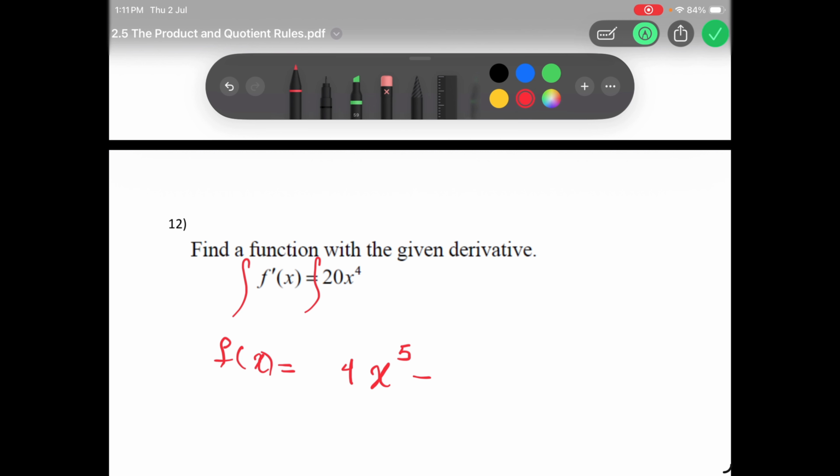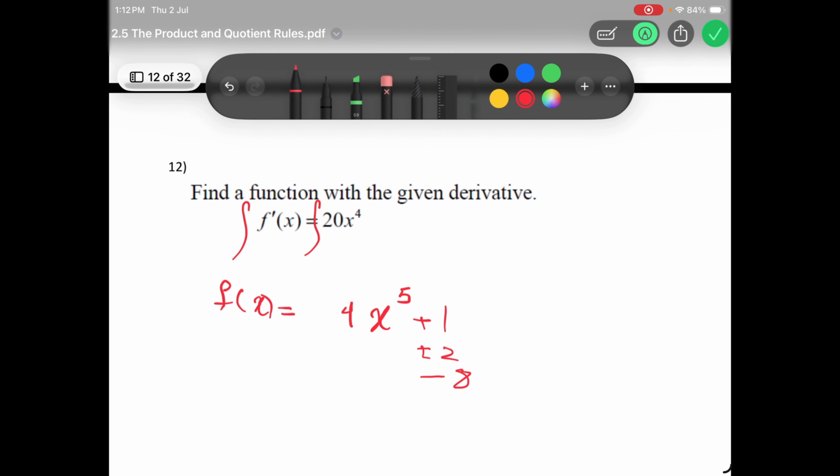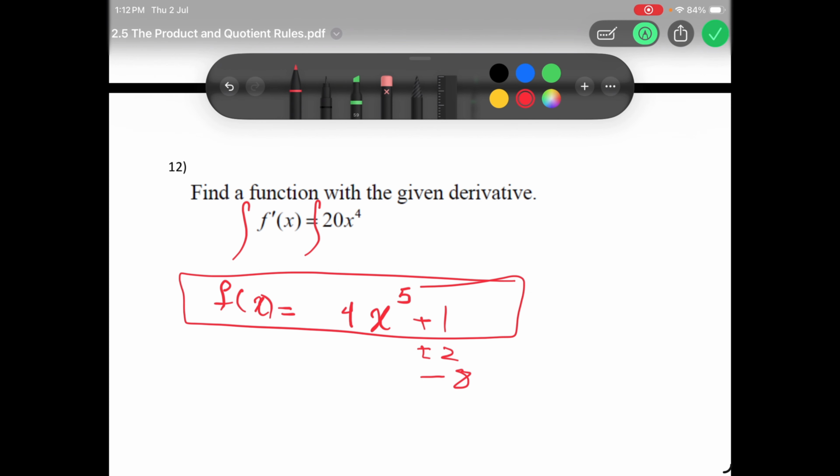You can put this plus 1 or plus 2 or minus 8. All have the same derivative of 20x to the power of 4. Okay, so one solution is this. This is fine.